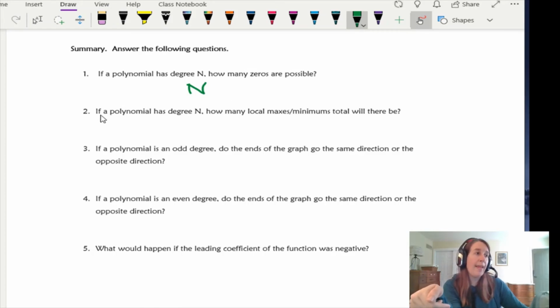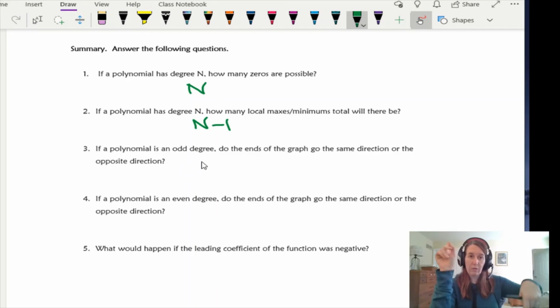Okay? If a polynomial has degree n, how many local mins and maxes total will there be? So I hope you noticed that that number is 1 less than the degree. So n minus 1. Okay? If a polynomial is an odd degree, do the ends of the graph go the same direction or the opposite direction?